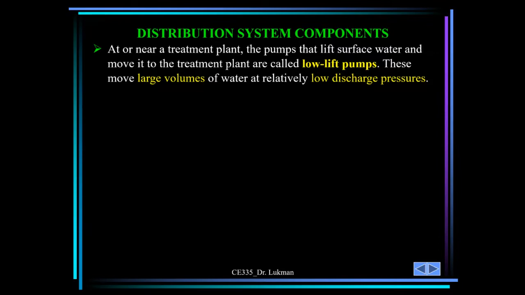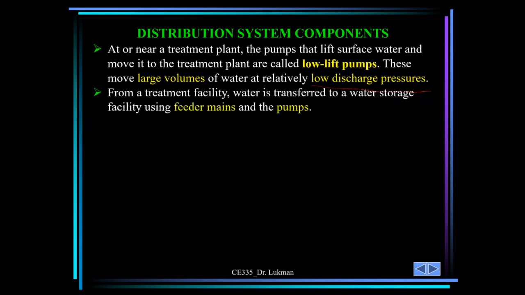These move large volumes of water at relatively low discharge pressure, and that's why they are called low lift. Okay, they lift large volumes of water at relatively low discharge pressures.